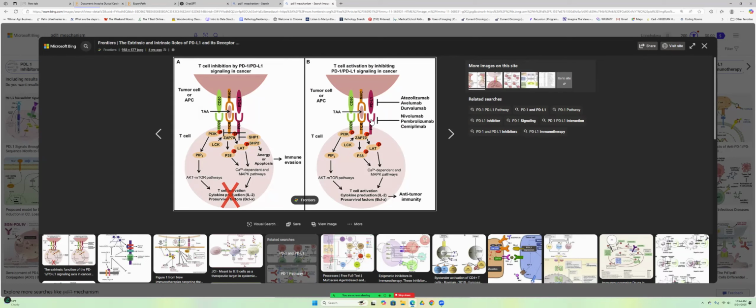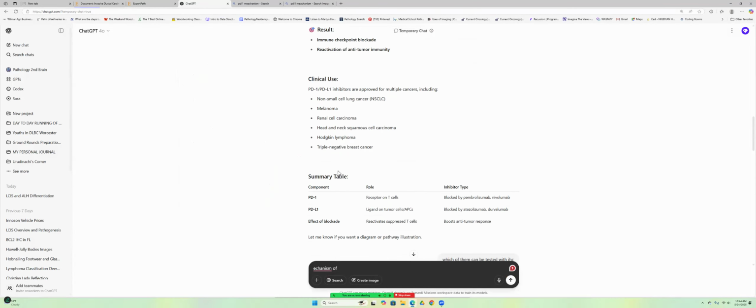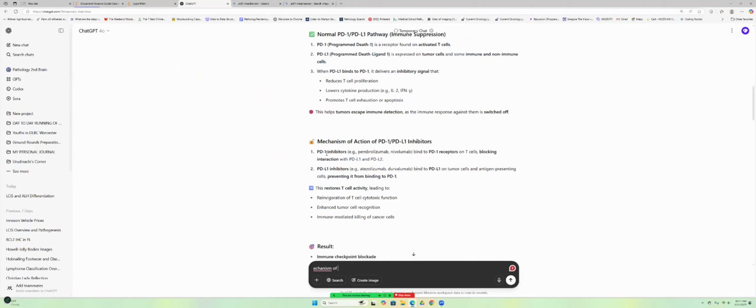PD-1 inhibitors will block the PD-1, while PD-L1 inhibitors will be artificial drugs that coat the tumor cells' PD-L1, preventing the tumor cells from acting. Wow, I get it now. Look, it says here: PD-1 inhibitors bind to PD-1 receptors on T cells, blocking interaction with PD-L1 and PD-L2.